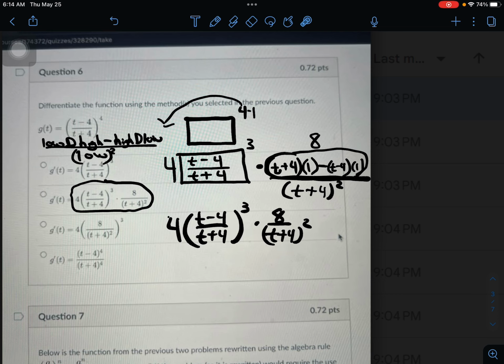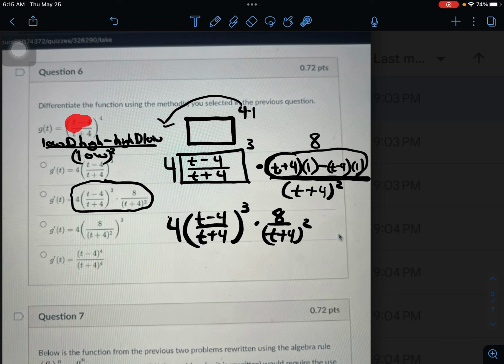But to recap, first thing I did, chain rule. The chain rule says I take the derivative of the outside function. The outside function is something to the 4th power. So I took the derivative of that outside function. I brought the 4 to the front, and I subtracted 1 from that to get that. That was the derivative of the outside function. Then I evaluated it at the inside function times the derivative of the inside function.